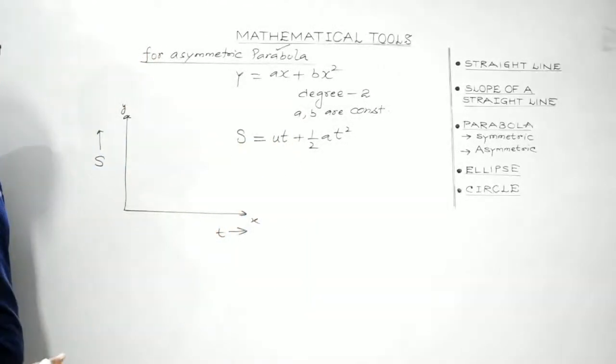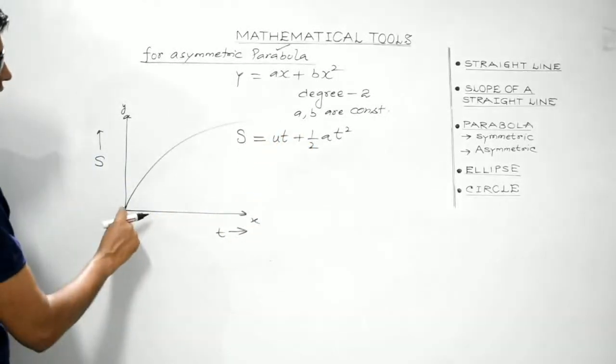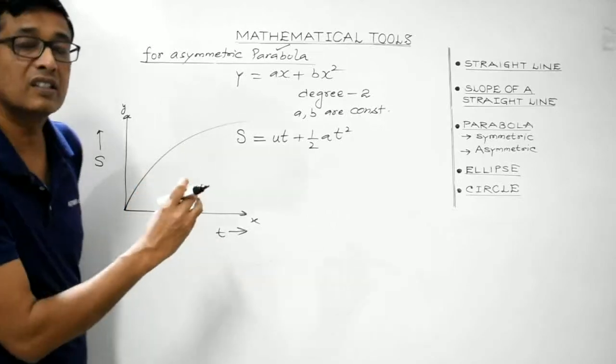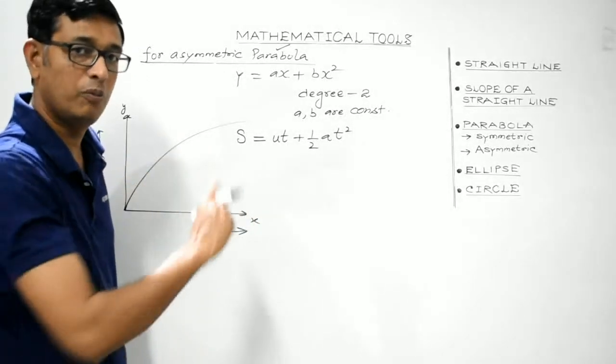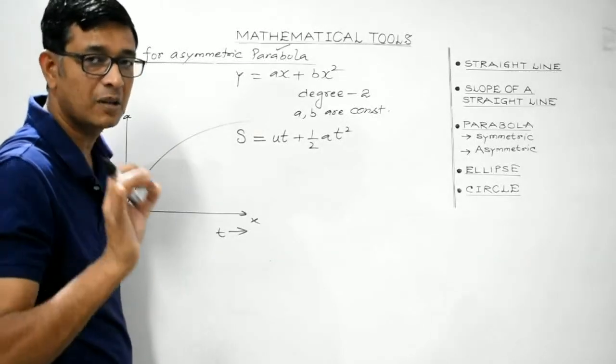It will be a parabola, it will be a curved one. Either it will be along this direction or it can be along this direction. It won't be in both the quadrants because in this case it is an asymmetric parabola. It will be only in one quadrant.